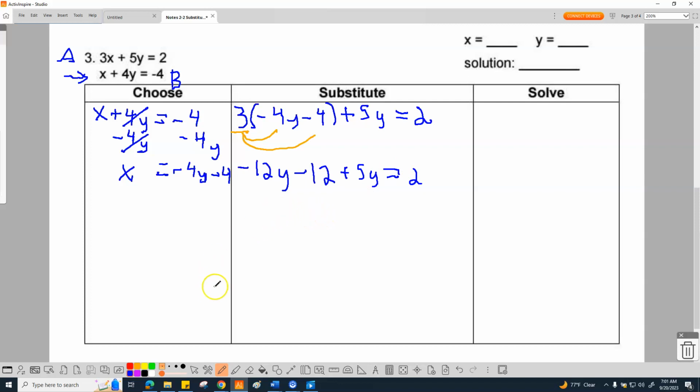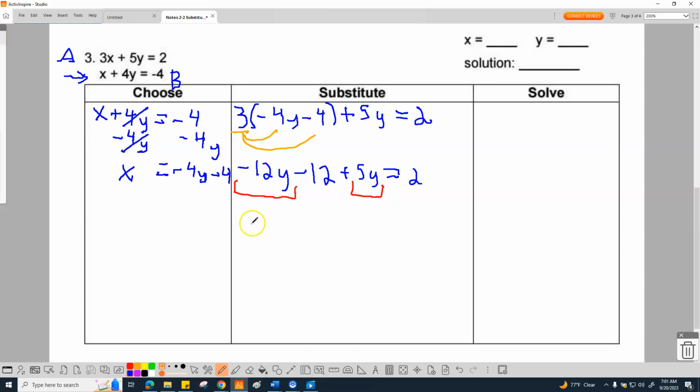Cool. Check it out. We have things we need to group together. The things we need to group on this side, negative 12y and 5y. When we group, meaning shove together, we're doing addition and subtraction. So this is negative 12y plus 5y.